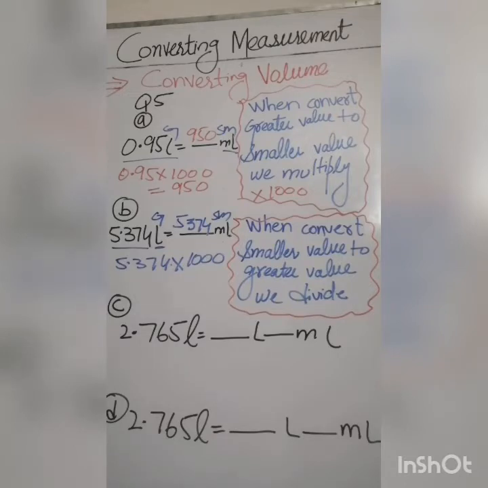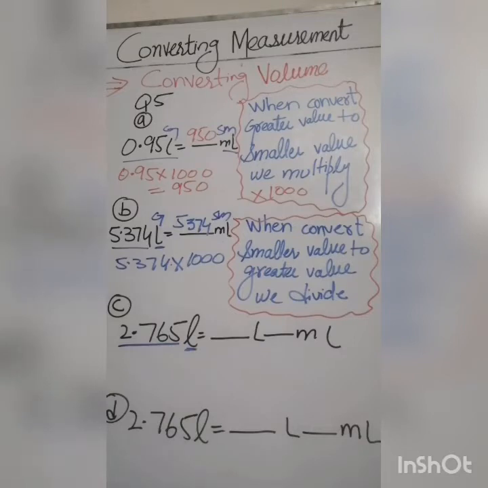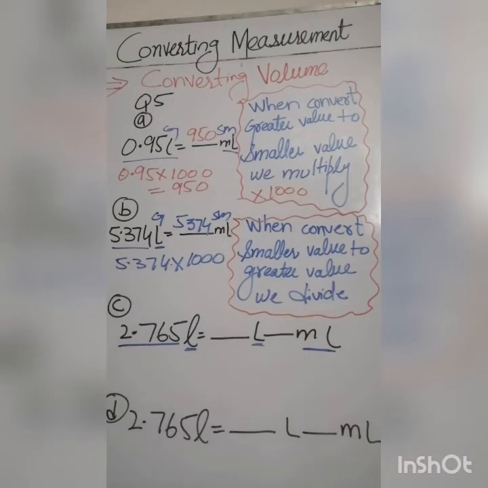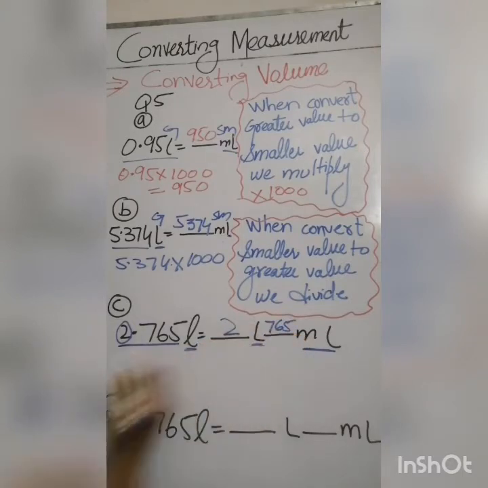This is our part C. 2.765 liters. We are going to convert into liters and milliliters. We know that before the point, the digit is the liters, and after the point there is ml. We just simply write it as 2 liters and 765 milliliters.